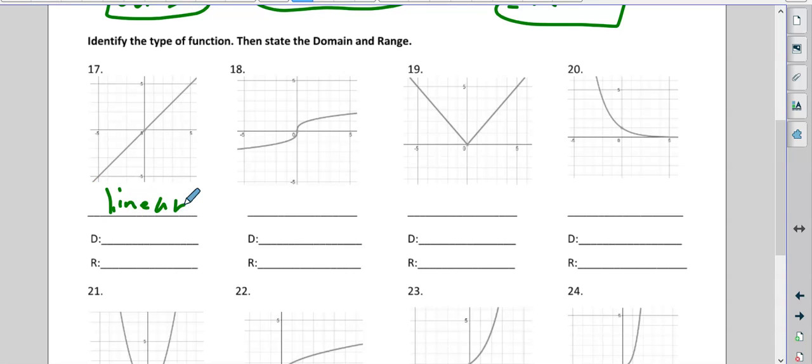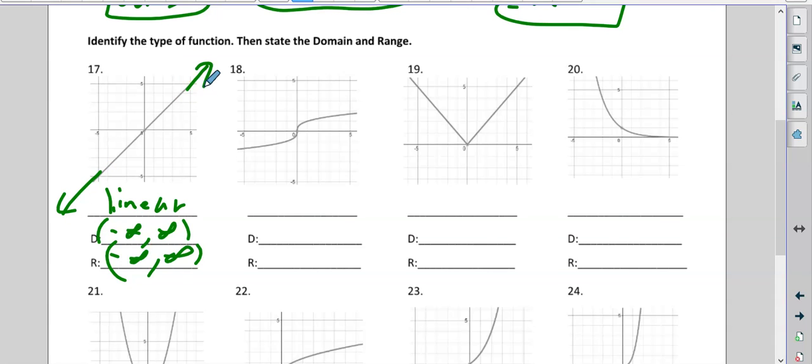Now, in Algebra 1, since it's going left and right forever, up and down forever, you would have just said all real numbers. But in Algebra 2, we're going to say negative infinity to positive infinity. And that's the same for the range, because it's going to keep going left and right, and therefore it's also going to keep going down and keep going up.